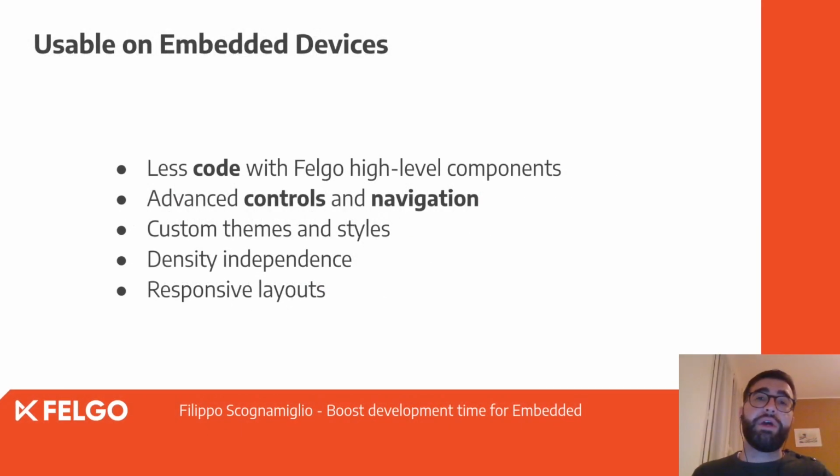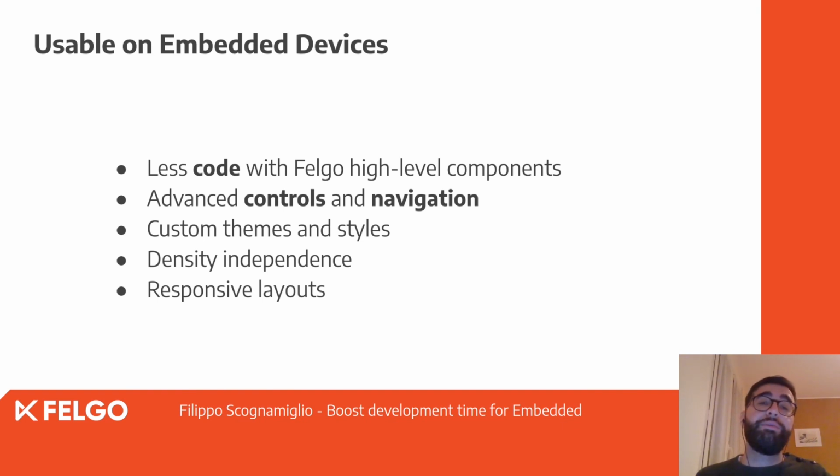Felgo components are higher level compared to standard Qt components. A good example is navigation, which will allow you to define in an abstract way pages inside your application and completely manage everything automatically for you.